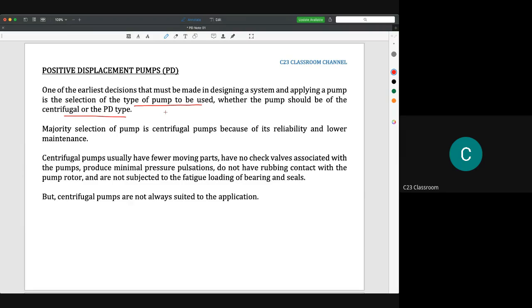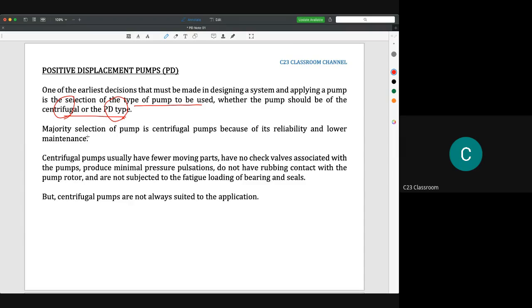Okay, the first thing that you need to do when you start to decide to use a pump is to know whether you could use a centrifugal pump or you should use another type of pump. Another type is usually the positive displacement. It means you need to think whether you need to put extra energy on the liquid by kinetic energy, or you need to transfer it by volume.